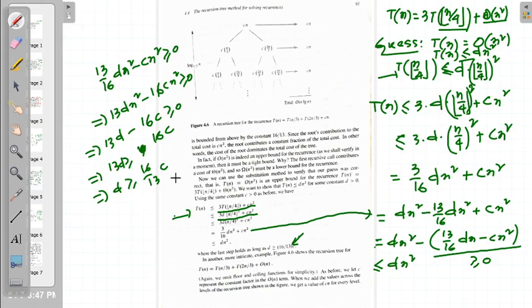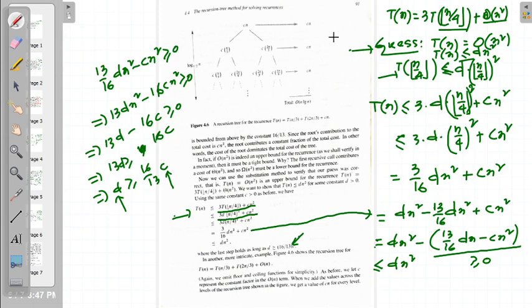Whatever c I choose, I can choose d by multiplying c by 16/13, and I have that liberty. So this is dn², and now I can say that our guess is absolutely right.